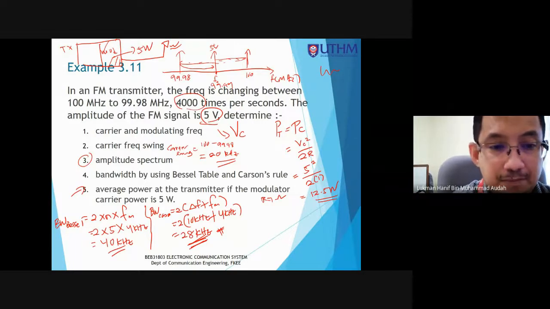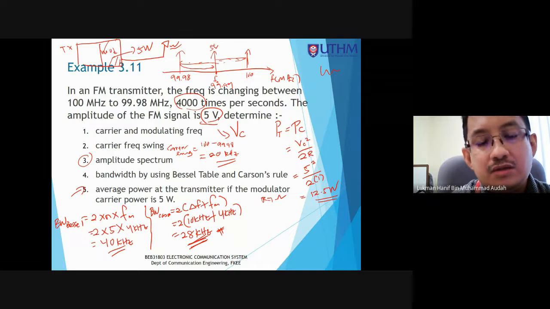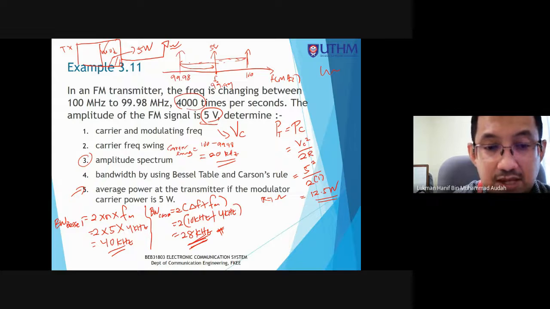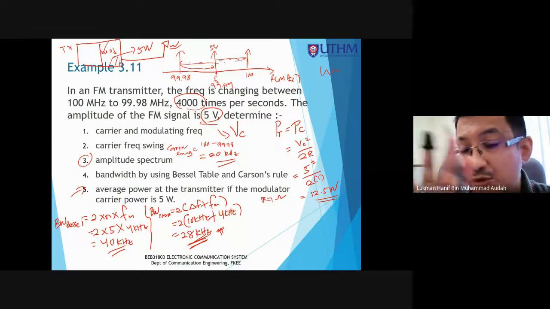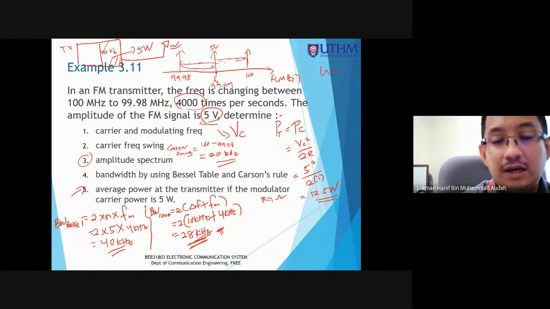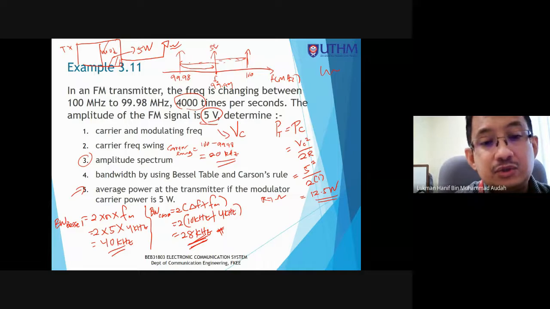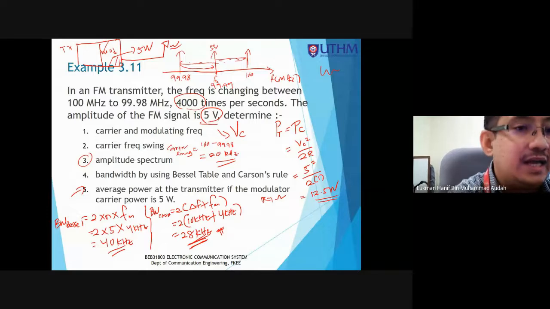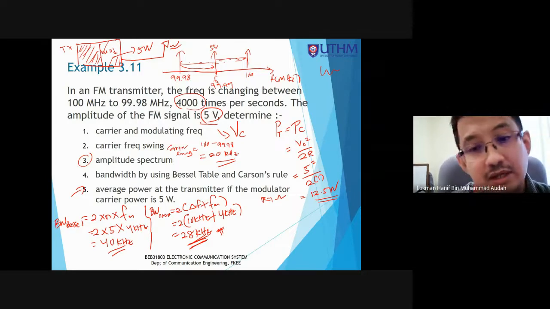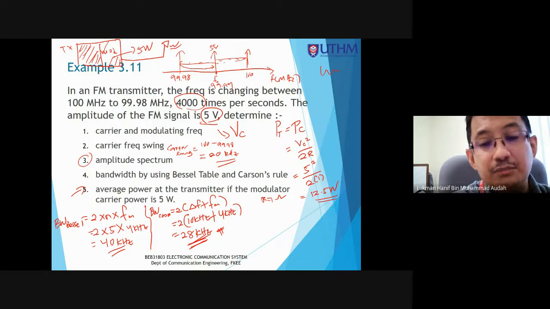Now the question is to find the average power at the transmitter, excluding the modulator power. Total power is the whole power. So this question actually refers to the power of the other part. If I draw, it wants to find the average power in this part, the remaining power, I mean the other power excluding the modulator.